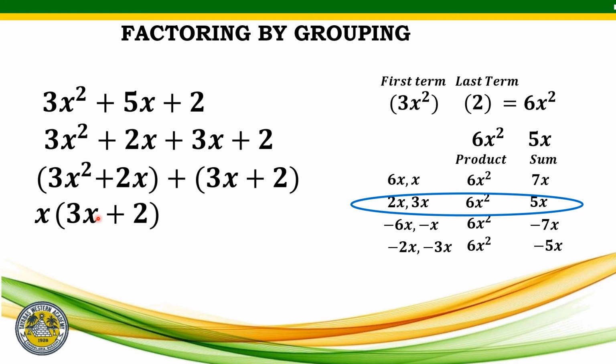Then, i-divide natin sa nasa loob. We have 3 divided by 1 sa unahan nito, which is 3. X squared divided by x. So, anong ginagawa natin? Law of exponent. So, sinusubtract lang natin yung exponent doon sa exponent na dinidivide natin. Okay, yung parehas na variable nila, copy the variable.